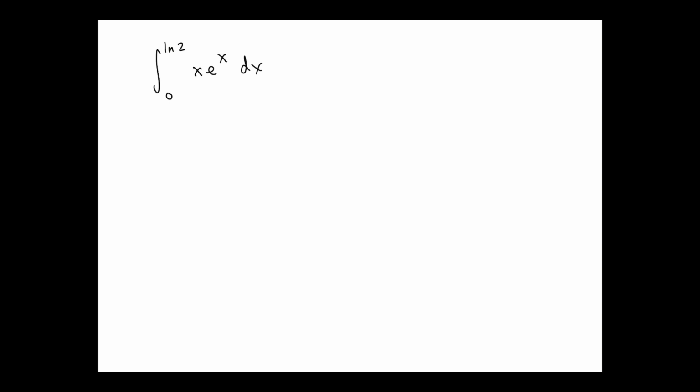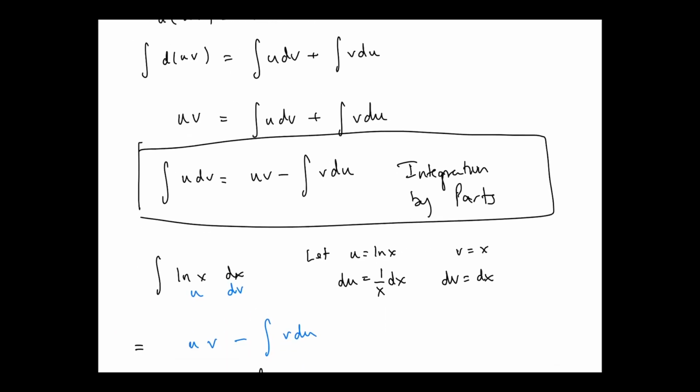Okay, in terms of the fact that this is a definite integral, we've got two options. We could just pretend it's an indefinite integral and deal with the numbers at the end. Okay, that would certainly work. But let's actually, for just a moment, go back to the integration by parts formula. Okay, this guy here. If these are definite integrals, then what's funny here is that the bounds of the integral actually don't change.